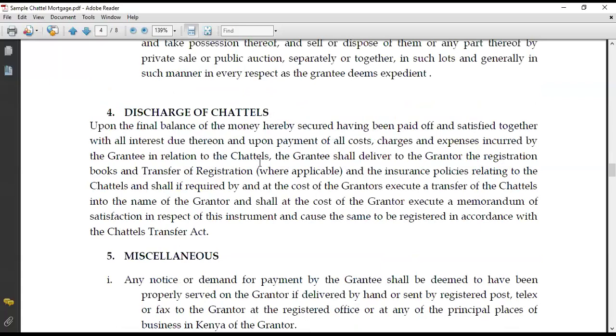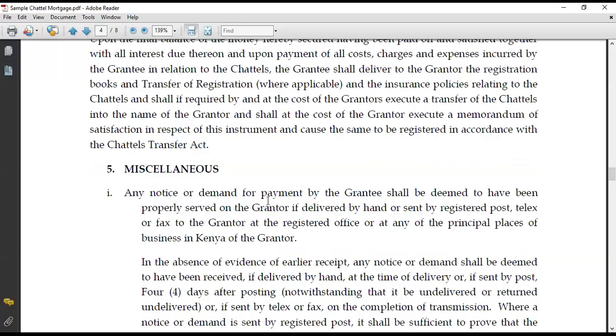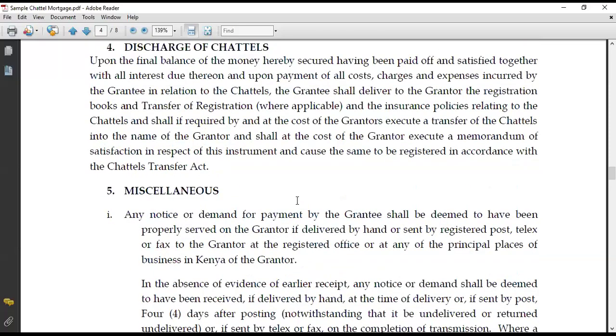Then another very, very important clause is discharge of the security. Upon the final balance of the money secured having been paid or satisfied together with all interest due, after paying everything, the grantee... So how is the discharge of security done under the movable property security?